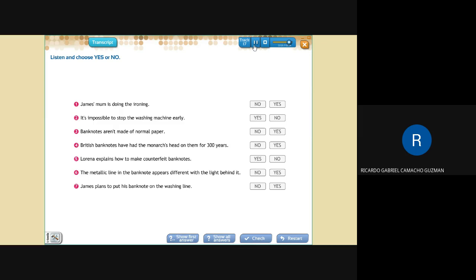It looks like a broken line, but when you hold the note to the light, it's actually a solid black line. I didn't know that. Yes, and there's micro lettering written under the monarch's head too. You need a magnifying glass to see it. Are you going to hang out the washing? Yes, but not my banknote. I don't want it to be stolen.